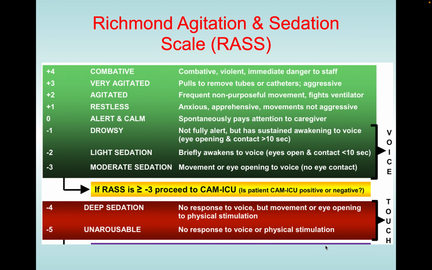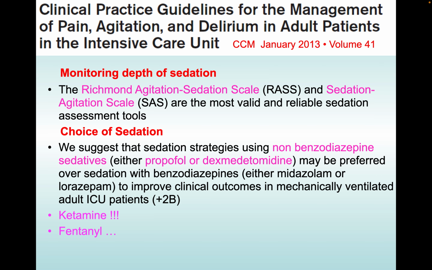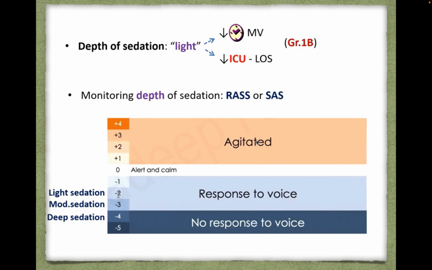So it is very clear that RASS should be around 0, and this is particularly related to the depth of sedation. If it is light sedation, then definitely there will be a decrease in the duration of mechanical ventilation, and of course a decrease in the length of stay of the patient in ICU, where the evidence is grade 1B.